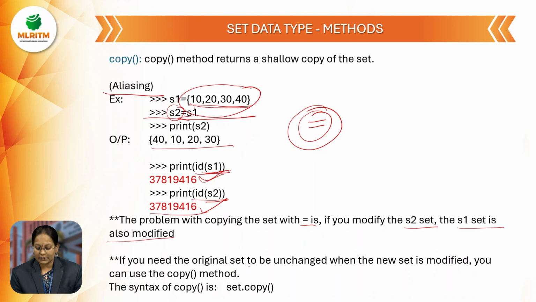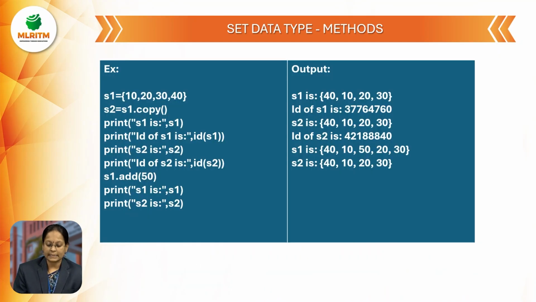If you need the original set to be unchanged when the new set is modified, you can use the copy method. So this is aliasing by using the equal operator. If any modifications are made in S2, those values will not affect S1 when using the copy method.